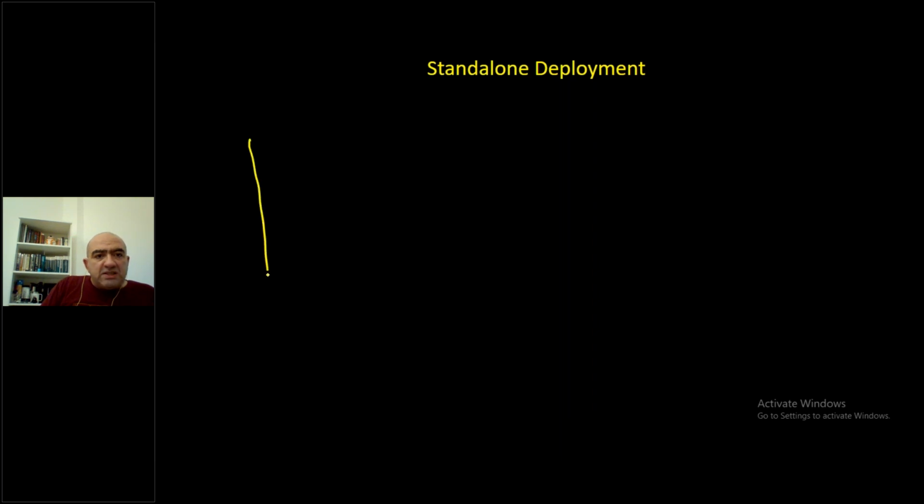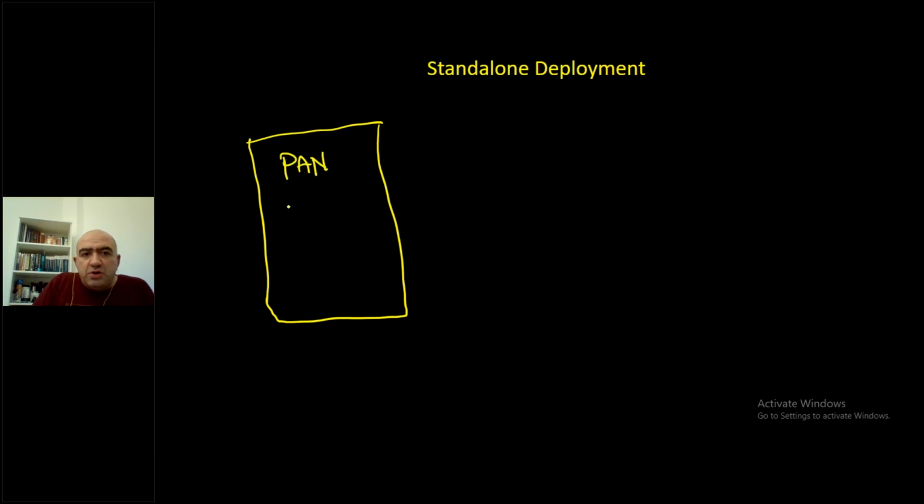Here it means simply that I have one ISE node, and this ISE node will have the administration persona, the monitoring persona, and the PSN or policy service persona. Only one ISE node has all the personas, and I will have one issue here in this standalone deployment. I have a single point of failure. If I'm losing the connectivity to this ISE node, in this case, I don't have any backup. This is an example of a single point of failure.